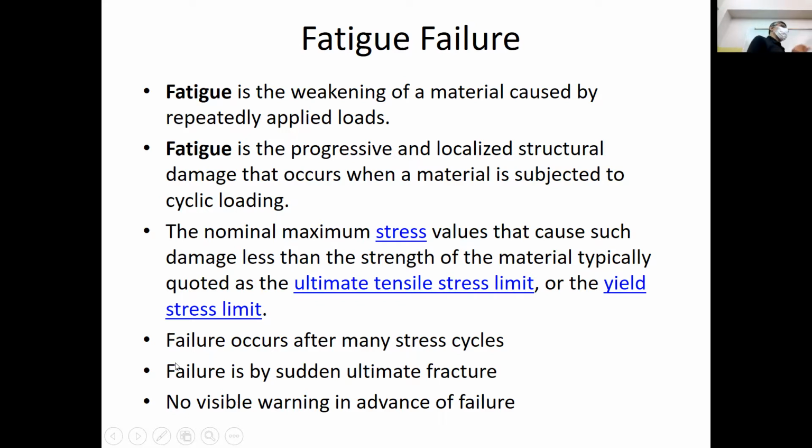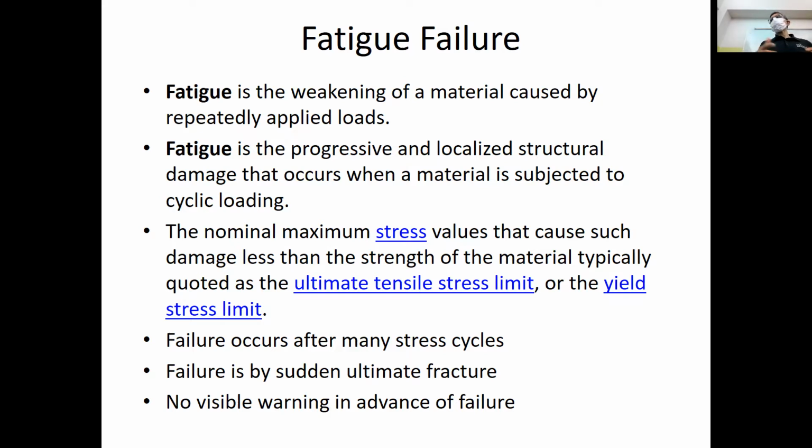Now, why is fatigue very dangerous? Because when a part is subject to static loading, failure occurs at a nominal maximum stress, but failure is going to occur at significantly lower stress if I have cyclic loading.